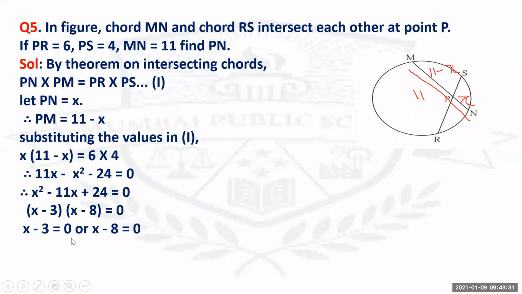So x minus 3 equals 0 or x minus 8 equals 0. So you'll get x equals 3 or x equals 8. So therefore PN equals 3 or PN equals 8. Because of the quadratic equation, you've got two solutions for this.